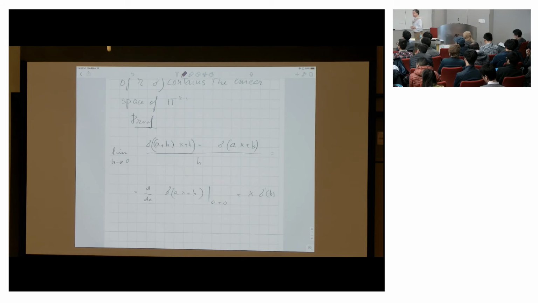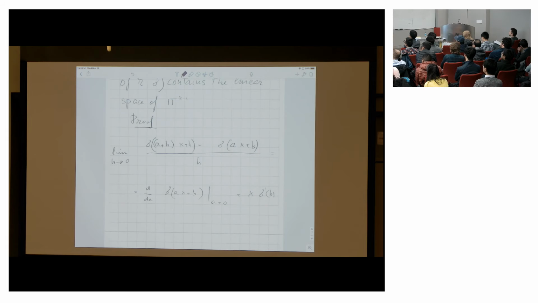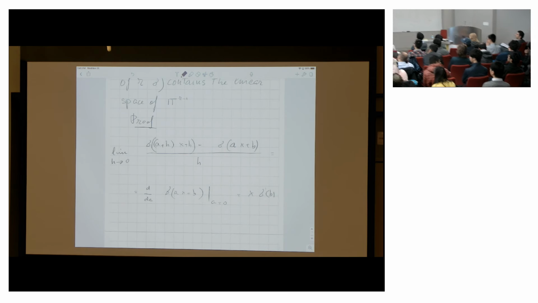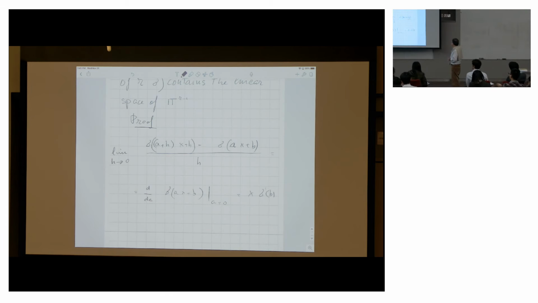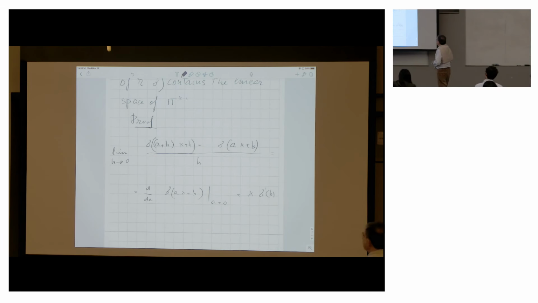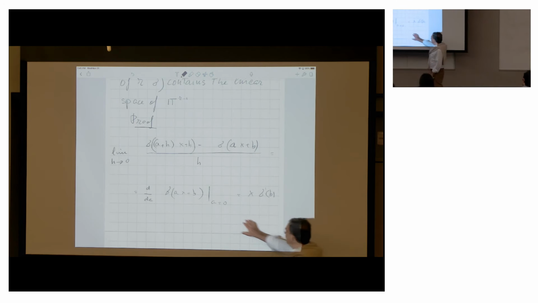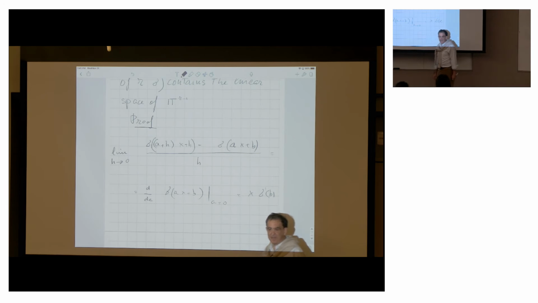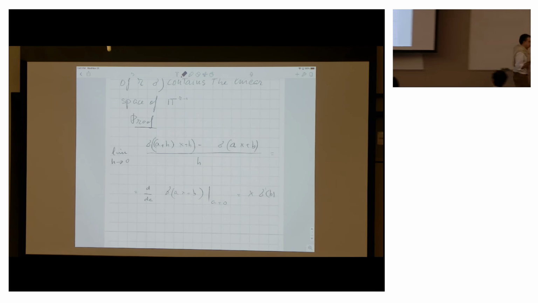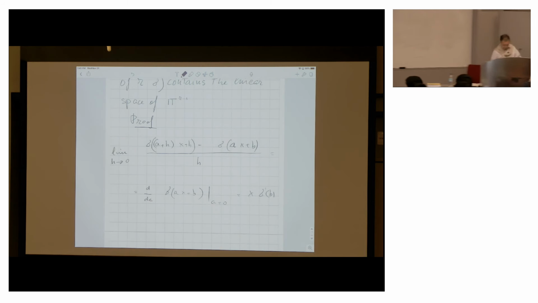Where did you get the a equal to 0? It's just that I can evaluate it, for instance, at a equals 0. I take a derivative, right?